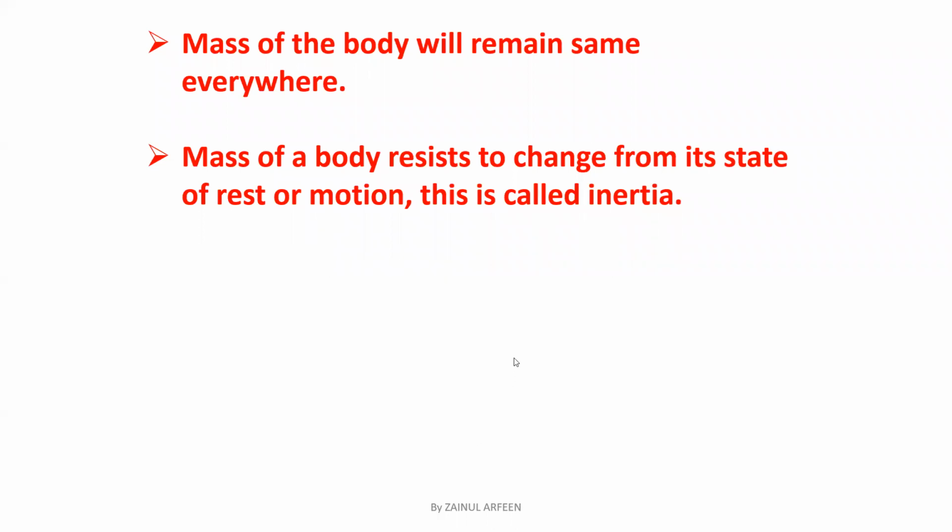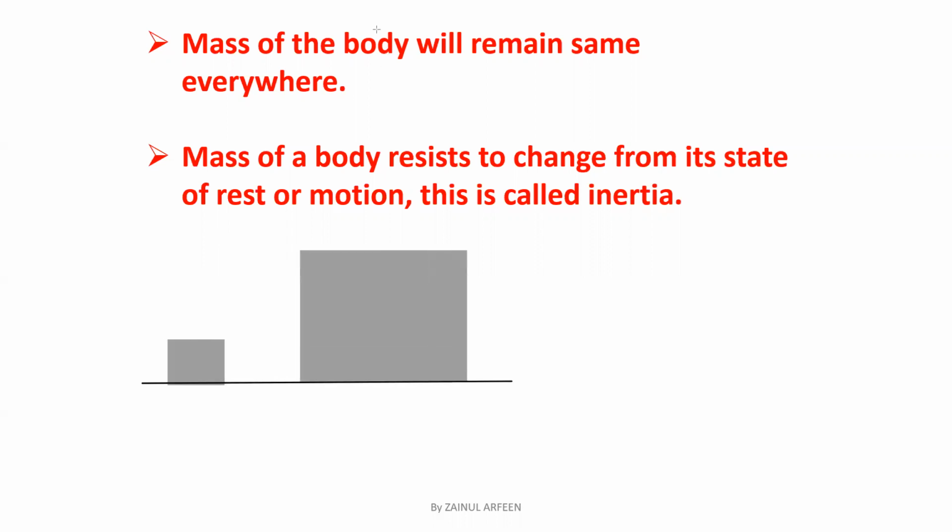When the body does not change its state easily, we say it has inertia. For example, you have two boxes, one is 2 kilogram, another one is 20 kilogram, and both are stationary at rest initially, and you are applying a force, trying to push them.